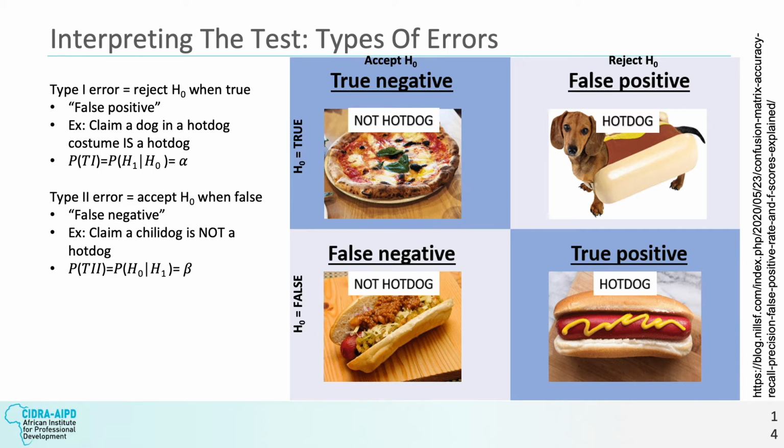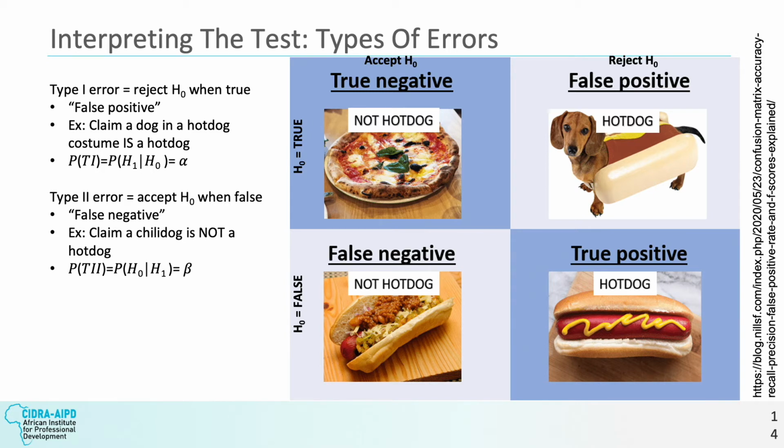This false positive is a type 1 error. The probability of making a type 1 error is equal to the probability of accepting the alternative hypothesis instead of the correct null hypothesis, and is given by alpha.